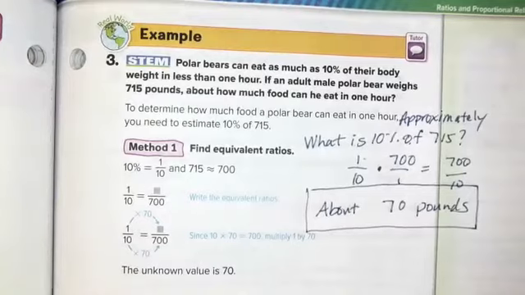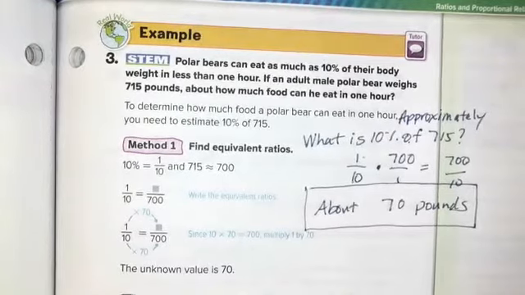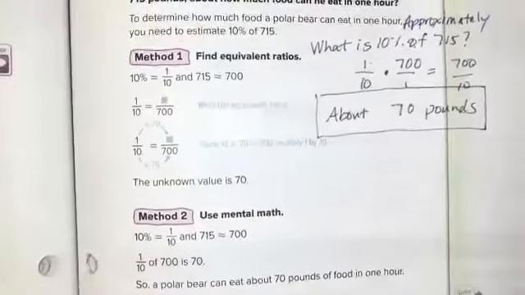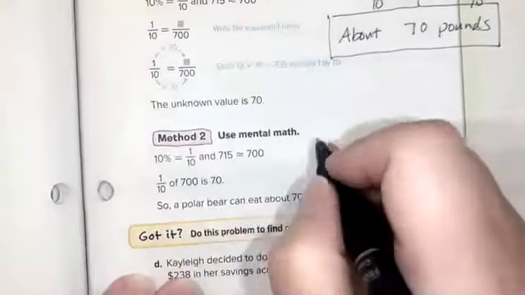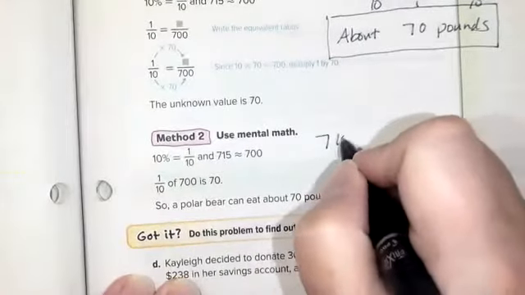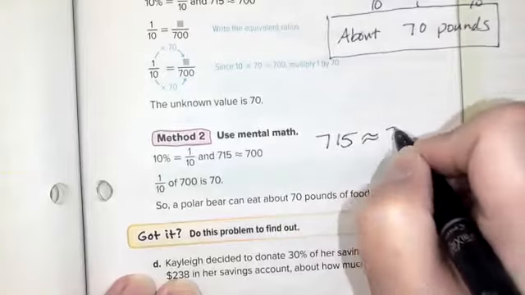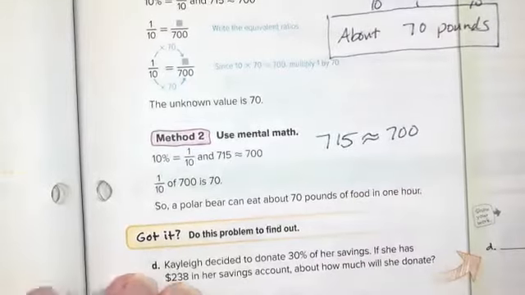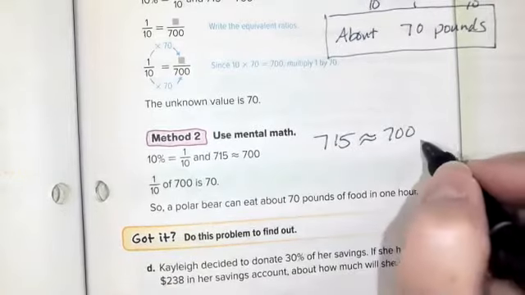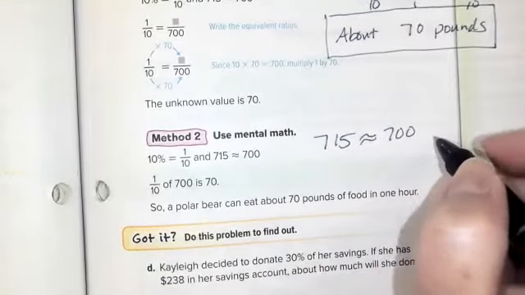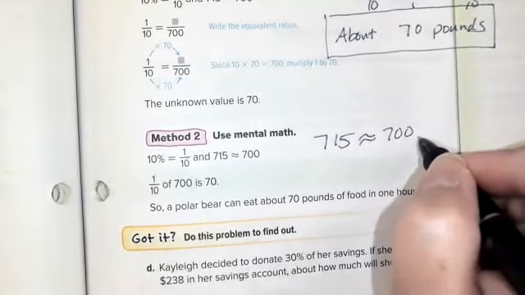Okay, method 2. Mental math is just finding 10%. So we have 715. Okay, we can say that's approximately 700. And I know if I want to find 10% of something, I can take my decimal and move it one place to the left. So currently, when I look at the number 700, the decimal's here.